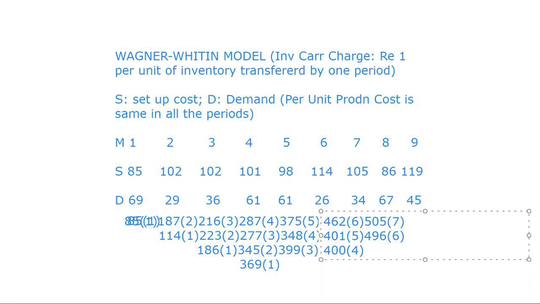Then I come down here. If I produce in period number 5, how much is my cost? 401 plus 68, 34 into 2, that is 469.